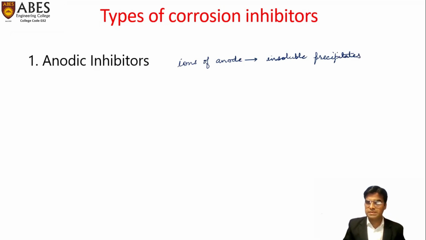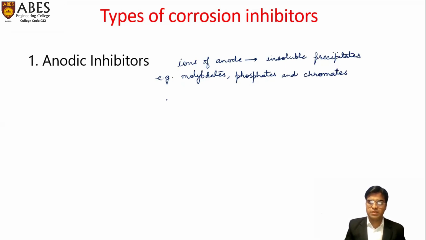These insoluble precipitates deposit on the surface of the anode and they work as the barrier or the protective film. That's how they inhibit the anodic reaction. Examples may include the molybdates, phosphates, and chromates.